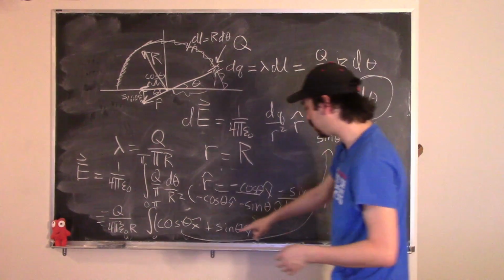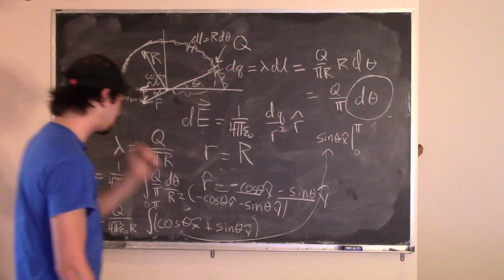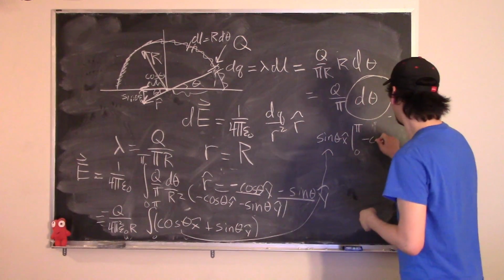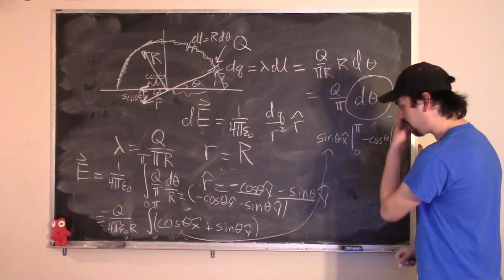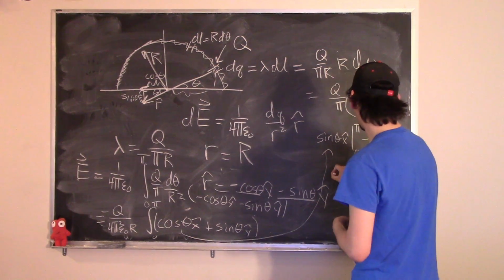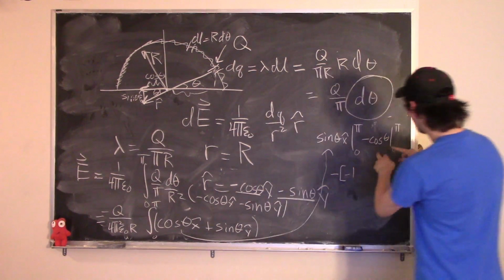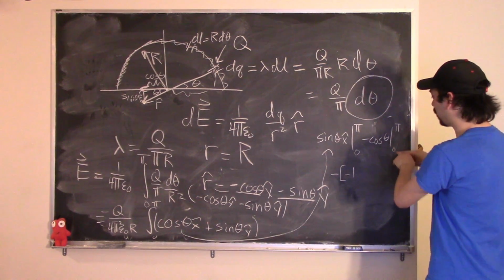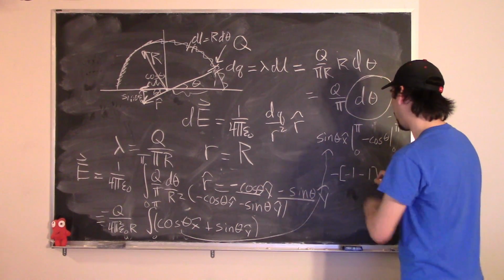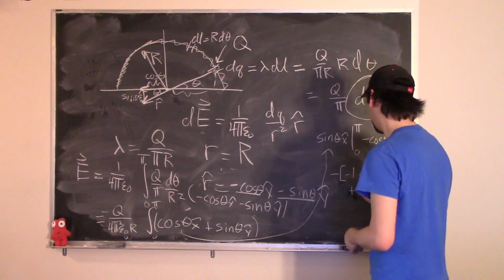And then this term is going to be a minus cosine of theta evaluated from 0 to pi. So this is going to be minus cosine of pi, which is minus 1. Cosine of 0 is 1, but I have to subtract that, and so that's minus 1. And so this is going to give me ultimately a factor of plus 2.